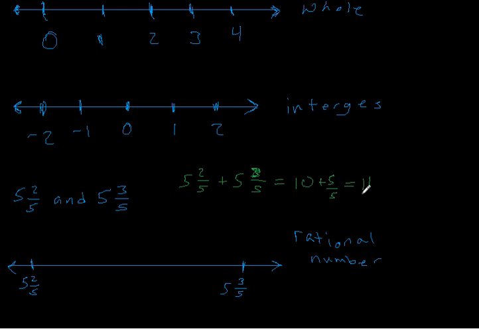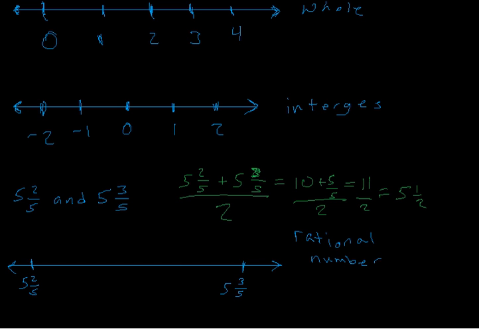If I were to divide that by 2, so remember, 11 divided by 2, well, the final answer is 5 and 1/2. 5 and a half is between 5 and 2/5 and 5 and 3/5.